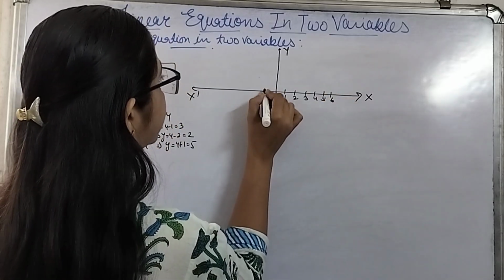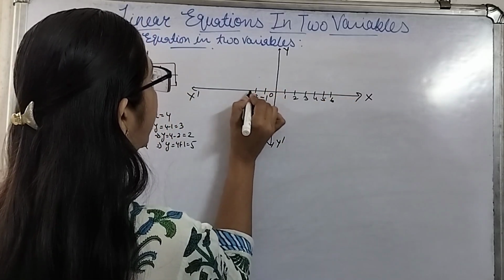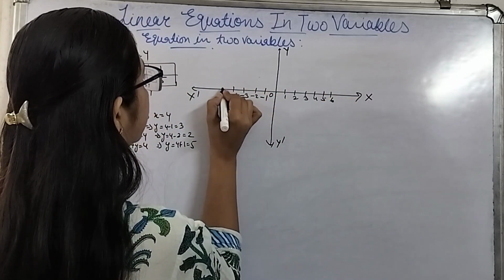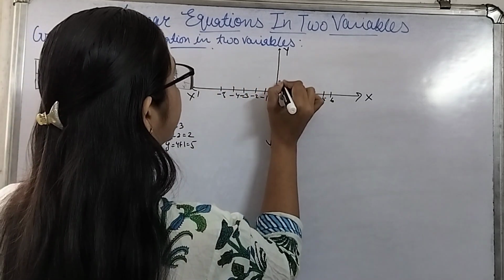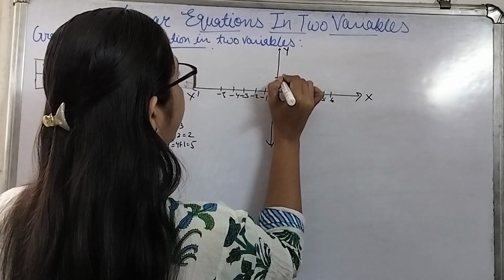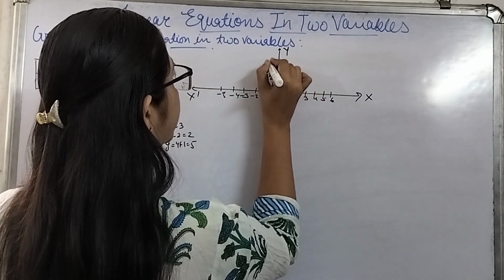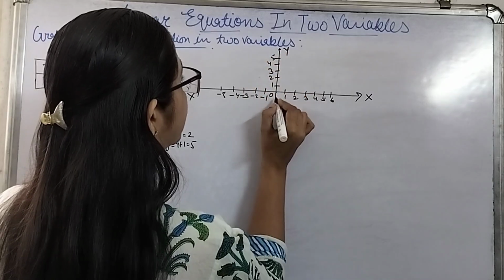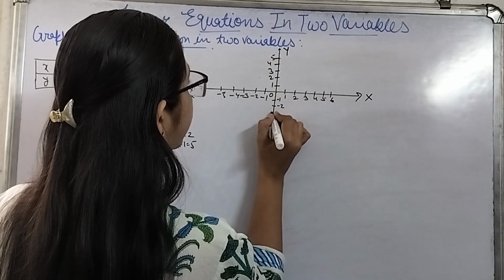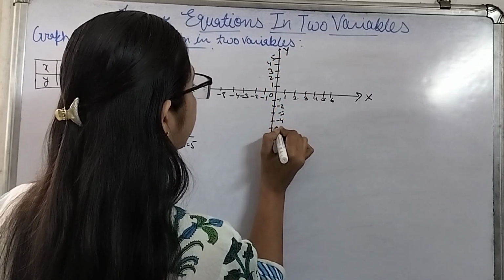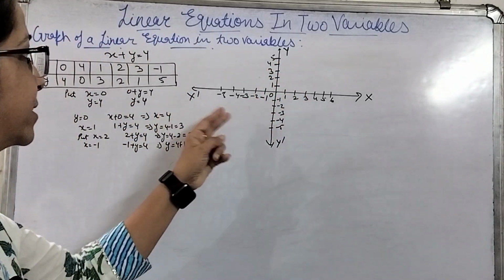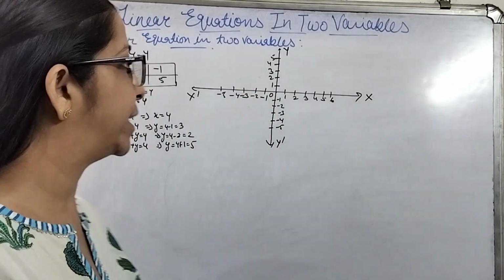Here I have taken numbers till 6. In the negative direction I have taken these points. In the y direction, this is positive y, so we have taken positive numbers. Downwards is the negative y direction, so we have taken negative numbers. This is how we have made the x axis and the y axis.